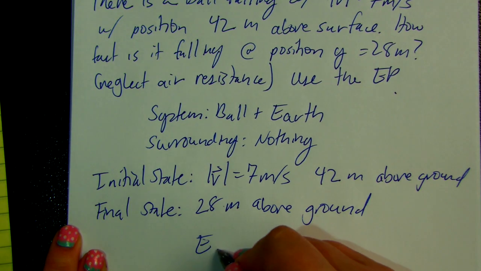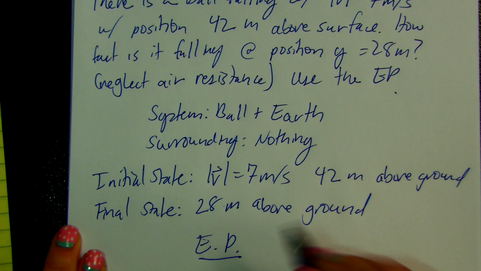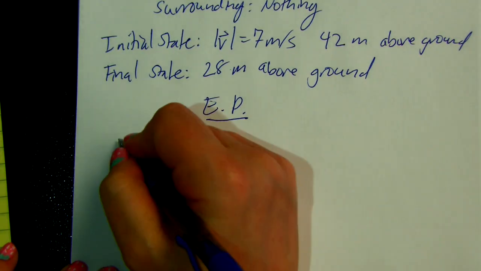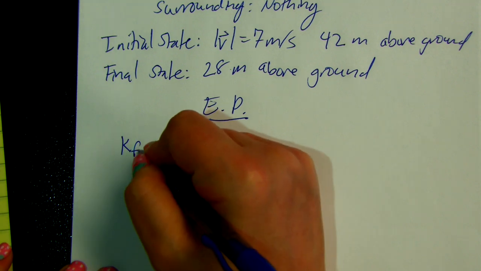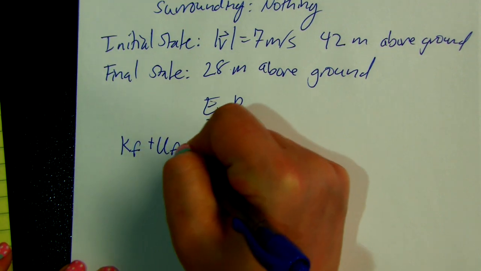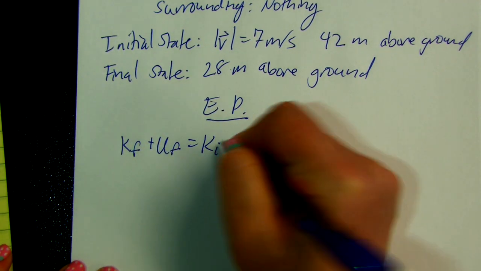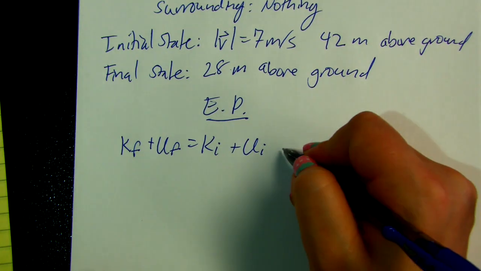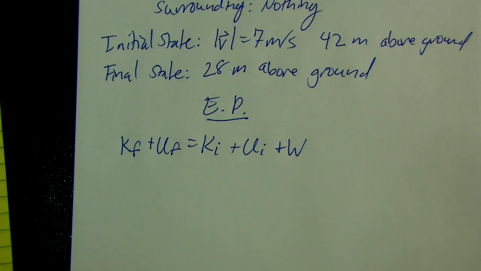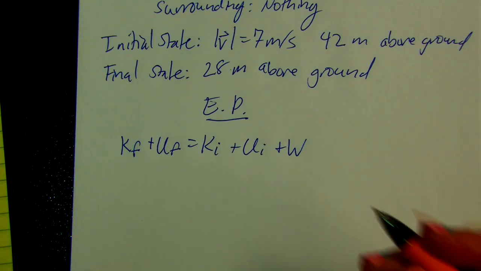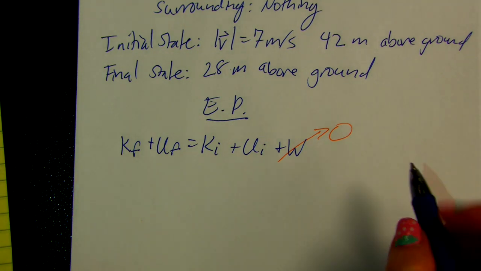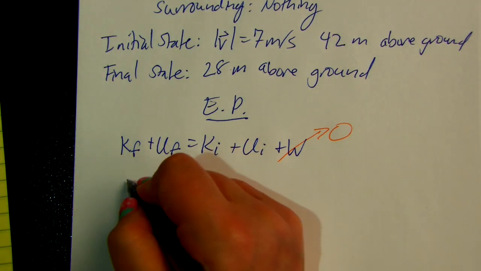All right, so using the energy principle, remember that's just my notation. Kinetic energy final plus potential energy final is equal to kinetic energy initial plus the potential energy initial plus any work done. So the first thing we want to do is find some zeros, and I just see one. We know that there's nothing in the surroundings to do any work, so therefore work must be 0. So we can go ahead and flesh this out.